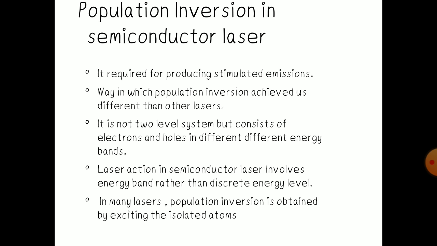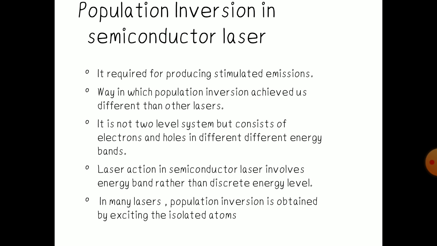If we see the helium neon laser and the ruby laser, in that case we provide an external optical source or external energy by different means. That process is known as pumping. And in semiconductors there is another way in which we achieve population inversion.